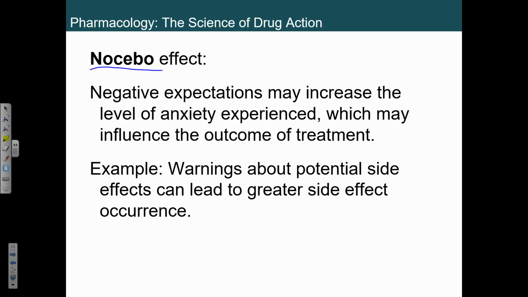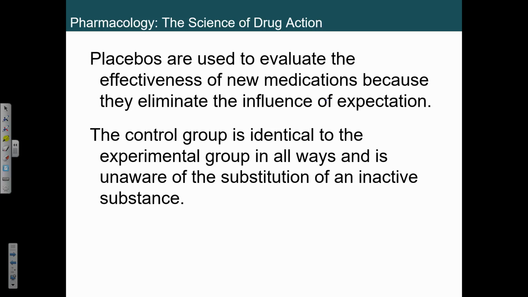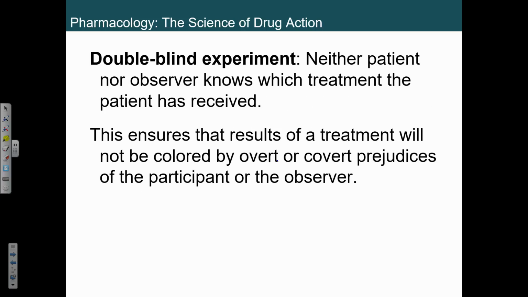There's the nocebo effect. I've been kind of referring to this as the placebo, but it's those negative expectations that can cause greater side effect occurrence, right? So we call that the nocebo. I don't know if you think that's cool or not. It's kind of weird, but it's the same idea. Again, placebos are used to evaluate the effectiveness, not a big deal. You always want to do things double blind, right? That's the way to do this.